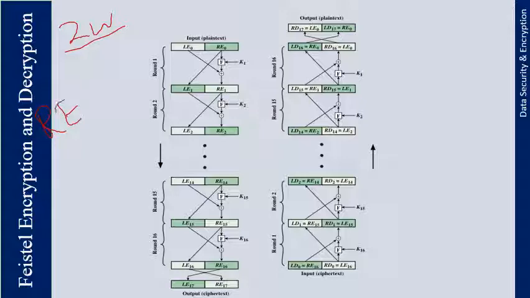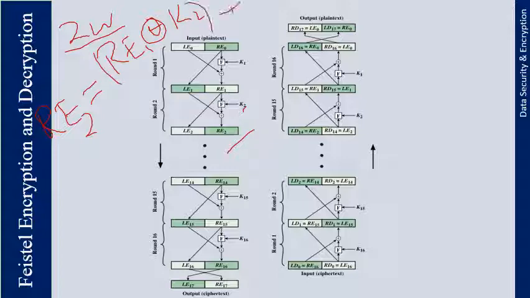For example, we use the term here RE2, that is equal to a combination of RE1 with a key in the previous, and it is OR with input from LE1.